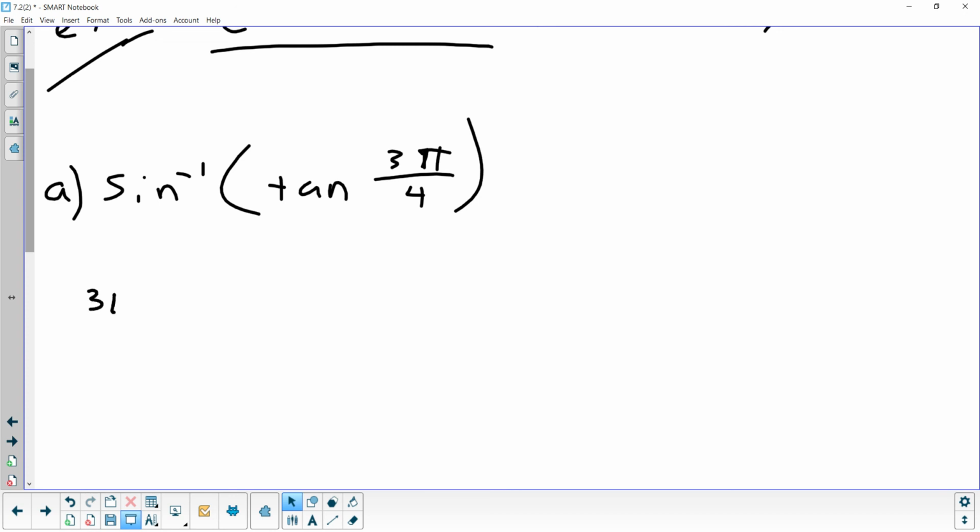All right, so let's start with 3 pi over 4. I'm doing this one totally different because it's not inverse on the inside. I'm actually going to figure this out. What's 3 pi over 4 in degrees?